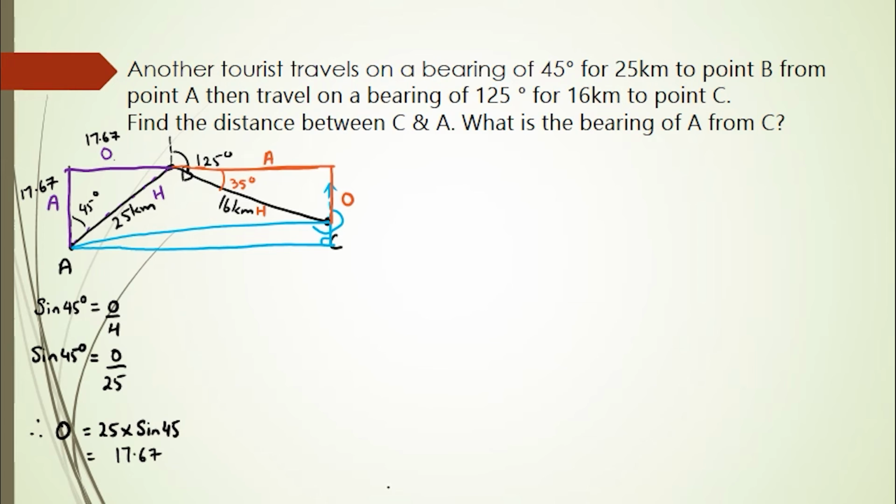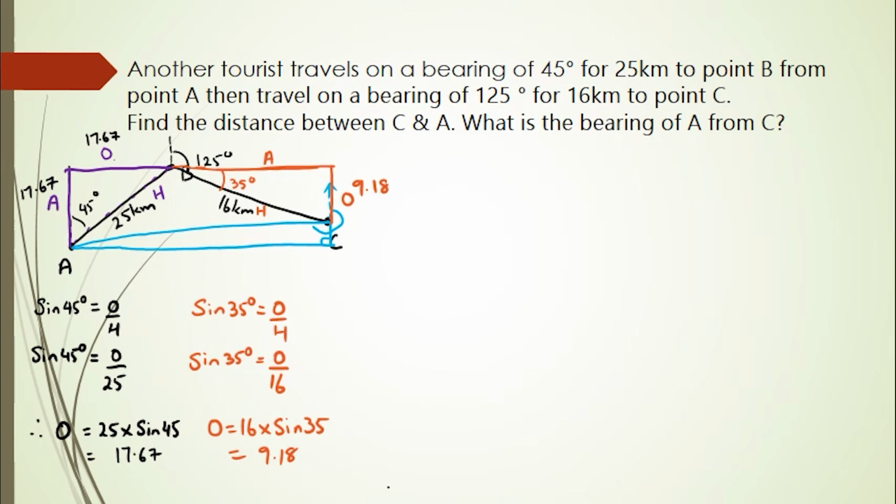Now I need to work out the orange triangle. With the orange triangle, I have sine 35 equals opposite over hypotenuse. So sine 35 equals opposite over 16. Therefore, opposite is equal to 16 times sine 35, which equals 9.18. So this distance here is 9.18.